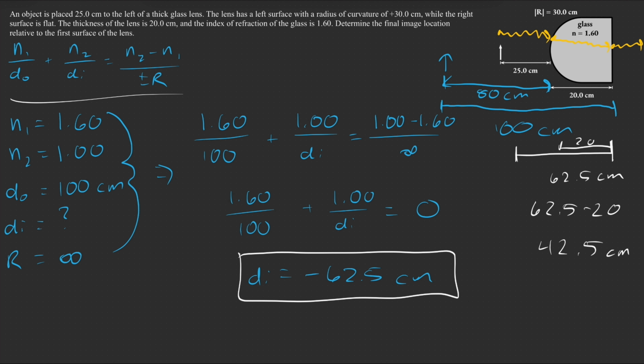So the answer to this problem is the image appears 42.5 centimeters to the left of the first surface. It would be the final image location, relative to the first surface of the lens, is 42.5 centimeters to the left of the lens. And that would be the answer to this problem.